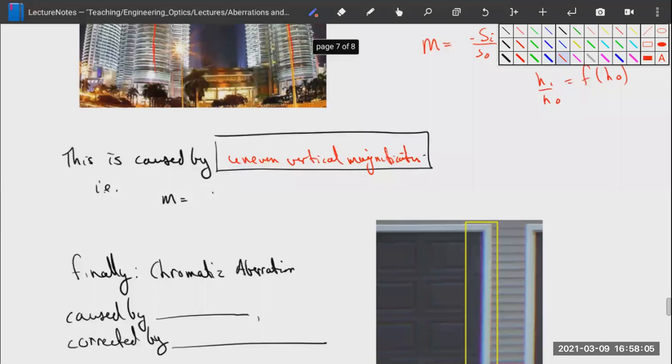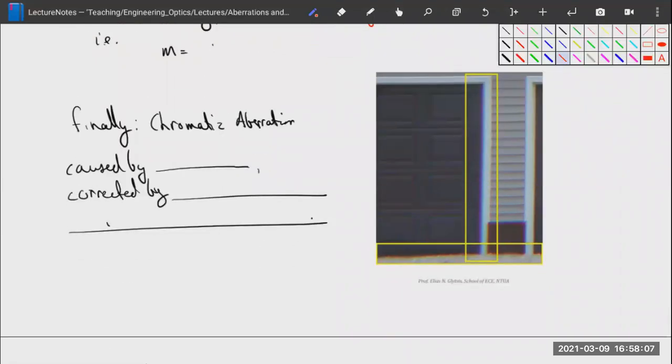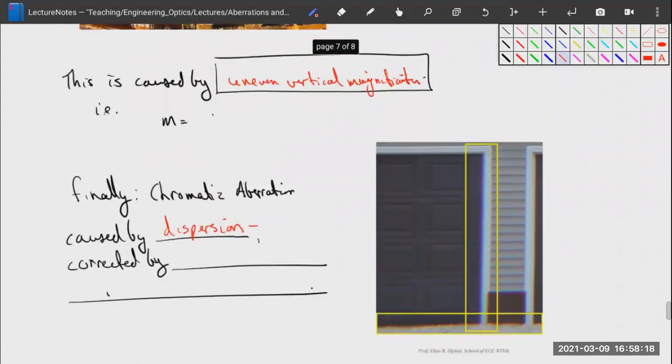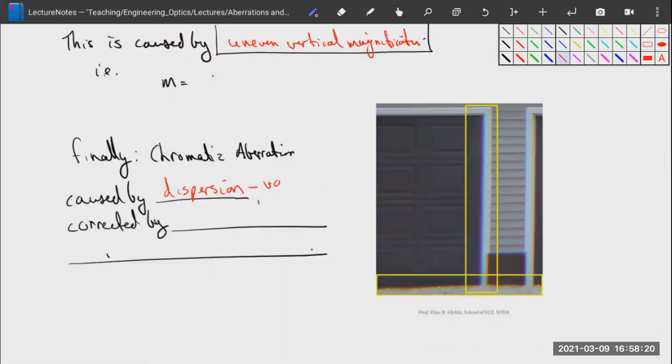So the last aberration we're going to talk about is chromatic aberration, which is caused by dispersion. If you remember from the very beginning of class, dispersion is the variation in index of refraction with wavelength.